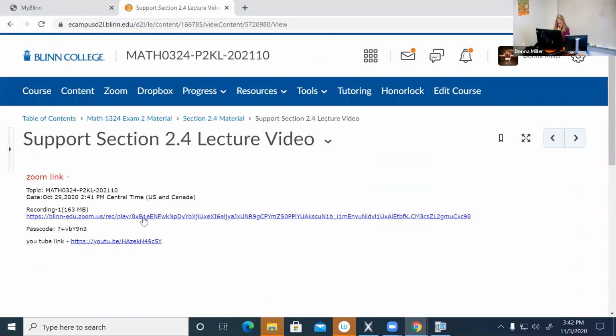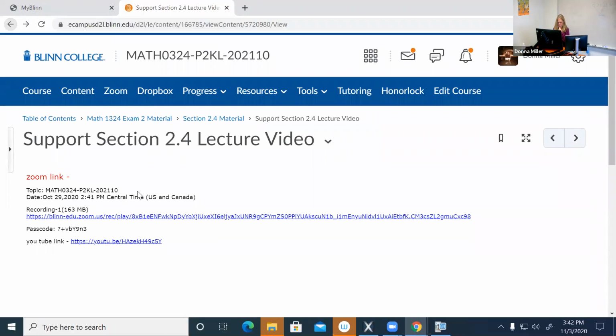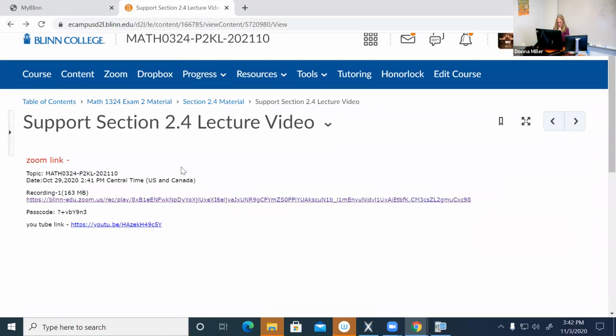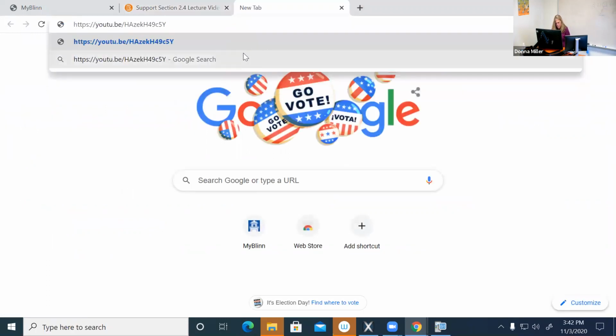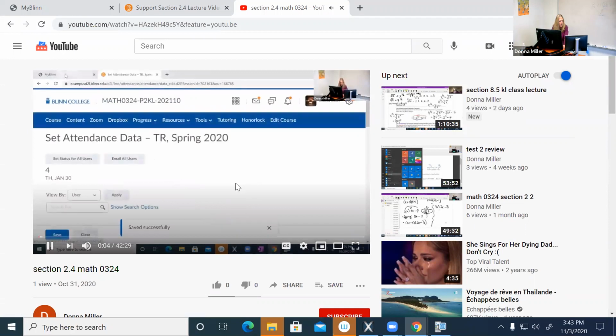If you hit the YouTube link, don't do this. You're not going to be able to access it through Zoom, I don't think. Something's wrong. Let me try copy and pasting it. All right, there it is. So just copy and paste the link and it works. Awesome. Thank you so much.